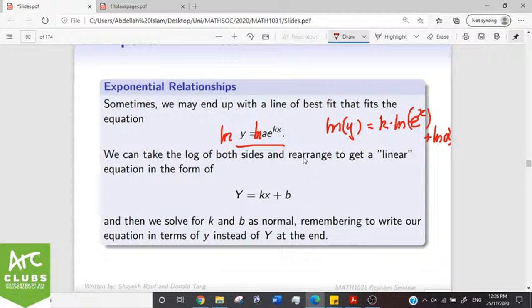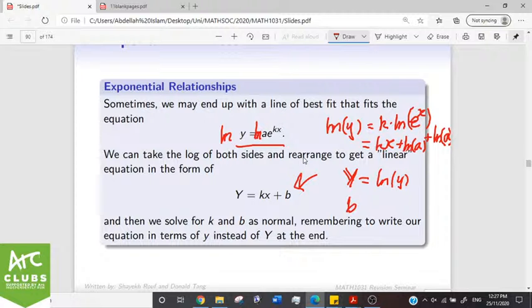And this is the same as kx plus log of a. And so we rewrite it like this. So y equals log of small y, k is the same, x is the same, and this b now is the log of a from before.